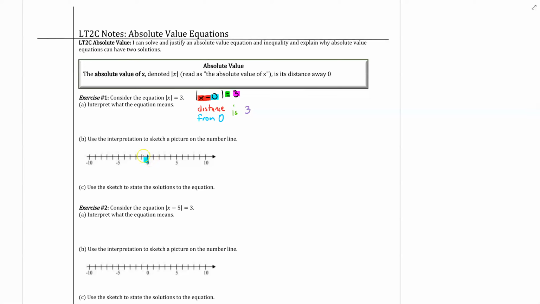Well, if we go 3 to the left, that's x equals negative 3. And if we go 3 to the right, that's x equals positive 3. So our solutions are x equals negative 3 and 3, because those are the points that are 3 away from 0.